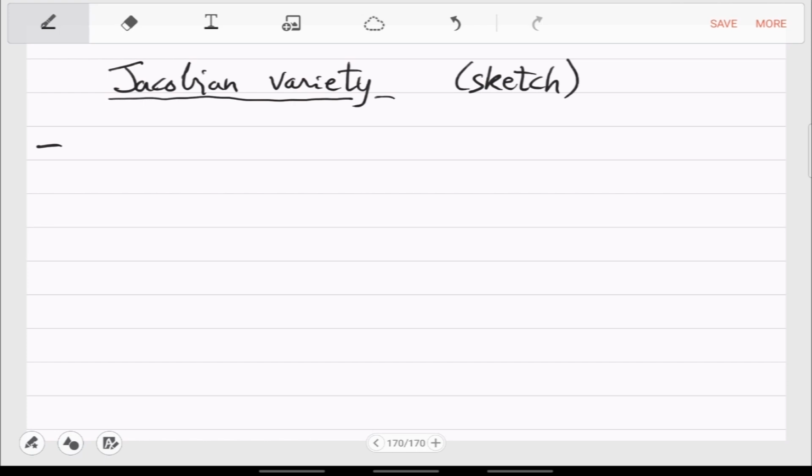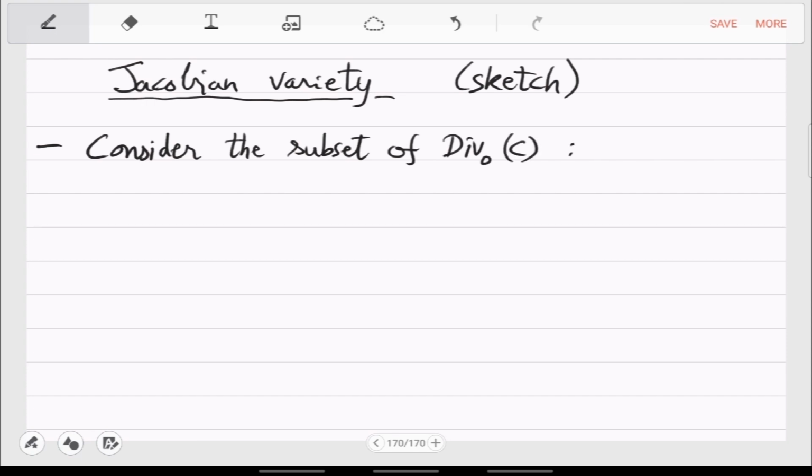So consider the subset of degree 0 divisors like this.